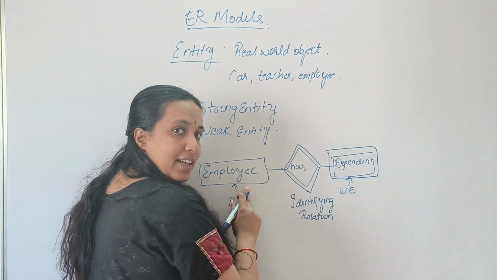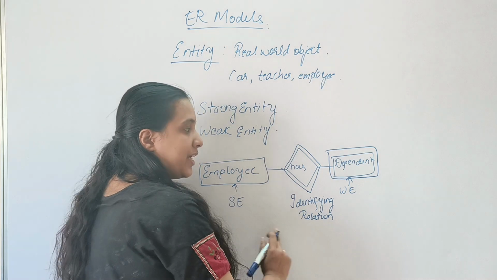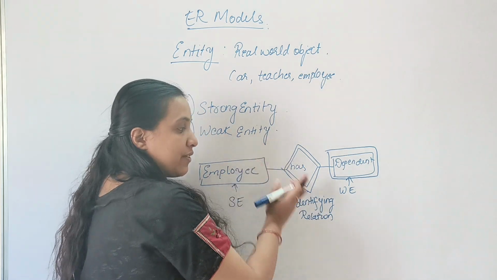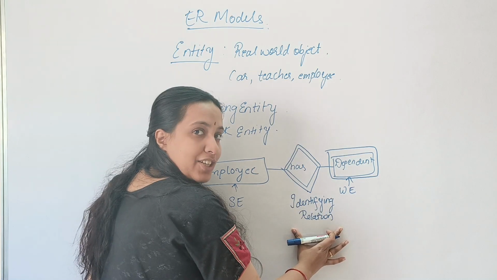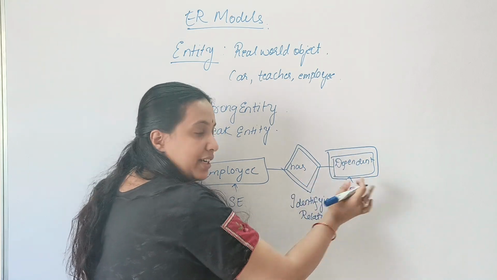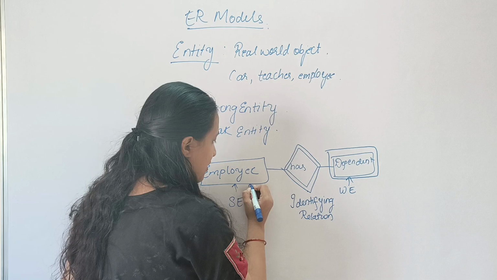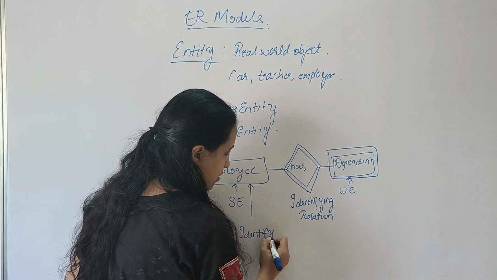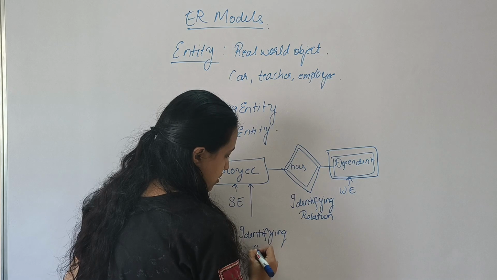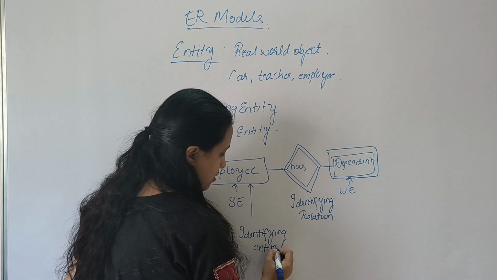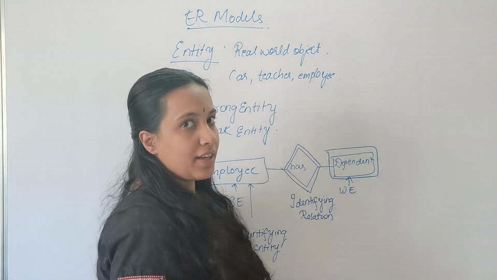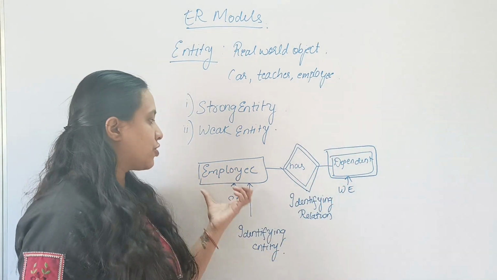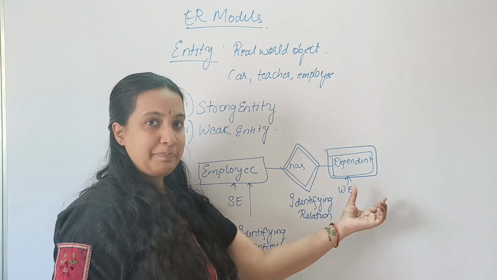And the strong entity which is involved in the identifying relationship with a weak entity is called the identifying entity. So I hope things are clear between strong entity and weak entity.